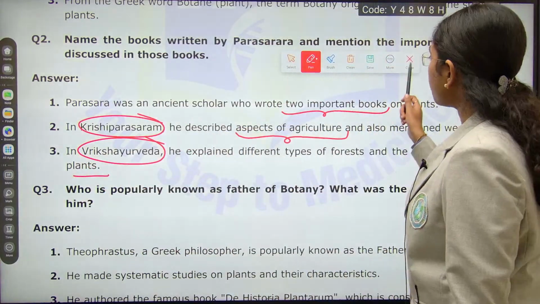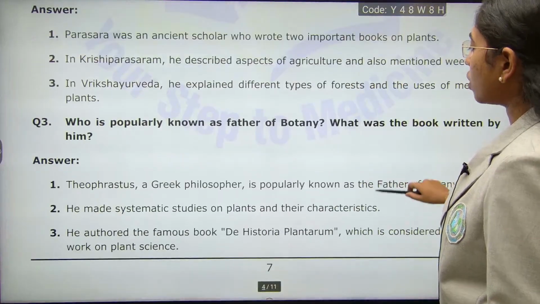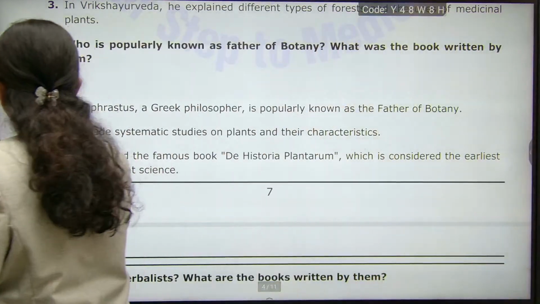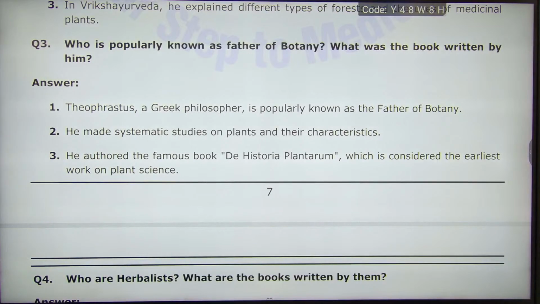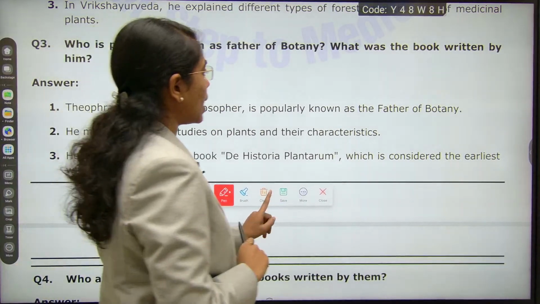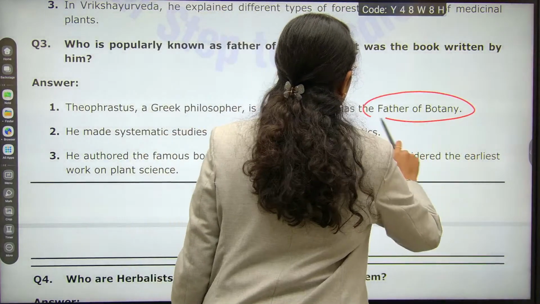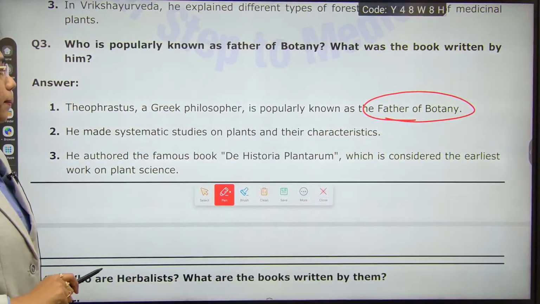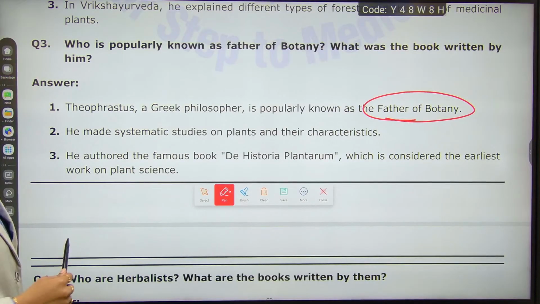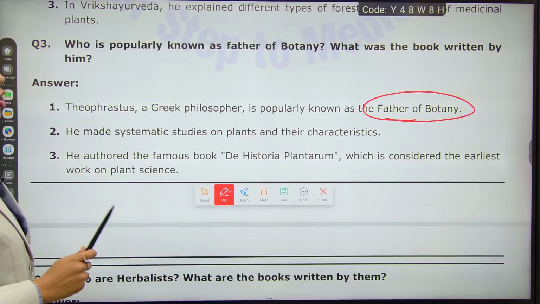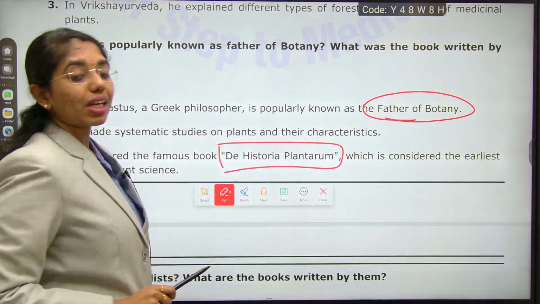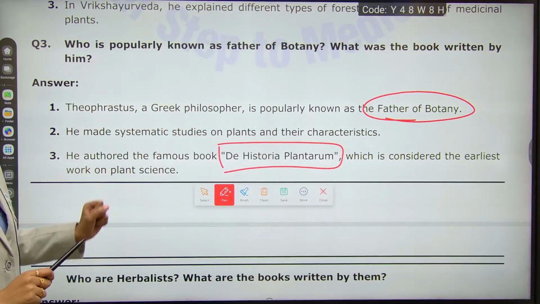Who is popularly known as father of botany? What was the book written by him? Theophrastus, a Greek philosopher, is popularly known as father of botany. He made systematic studies on plants and their characteristics. He authored the famous book De Historia Plantarum, which is considered the earliest work on plant science.